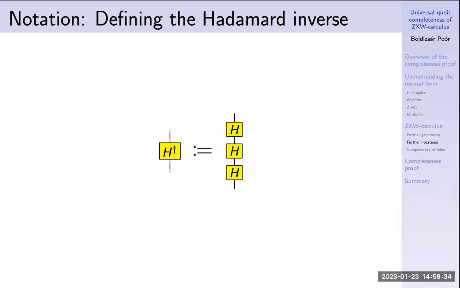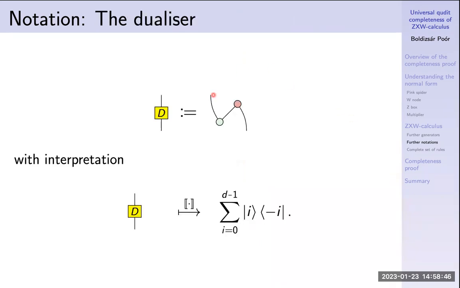We have the dualizer, which is a bit of a pain to deal with, but they are part of Qudits. So these dualizers are a structure like this. This doesn't correspond to the identity as it would in the qubit case, but it's actually corresponding to flipping the computational basis states.